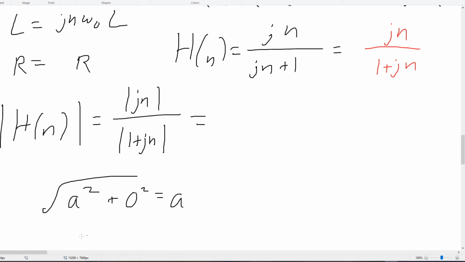The same thing goes for if you have 0 squared plus b squared. So if you have only imaginary terms, it'll still turn out to be just b.